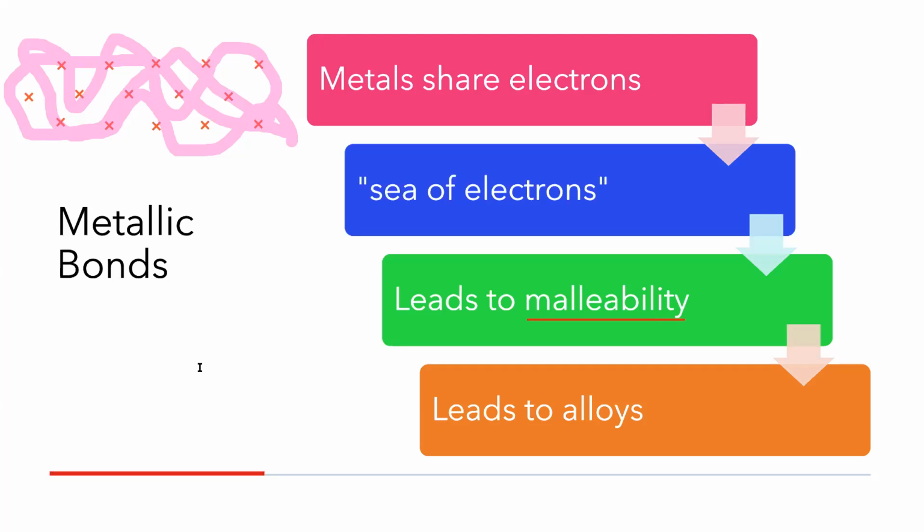That doesn't work with wood, does it? What happens if I hit wood with a big ol' hammer? Yeah, you get broken wood. That's no fun. But metals, you can move and you can shape.